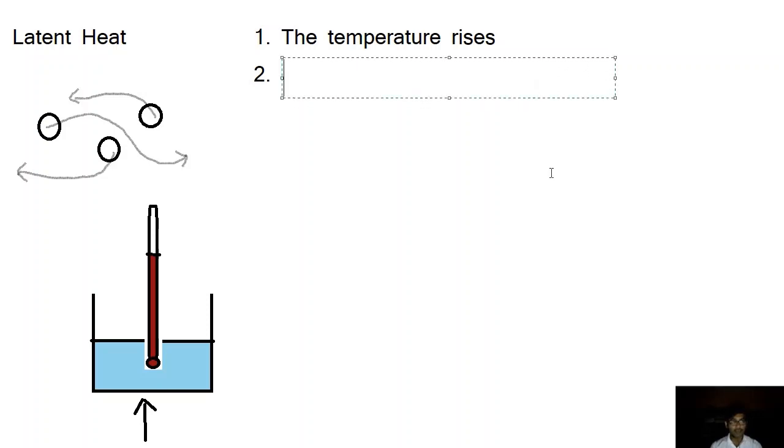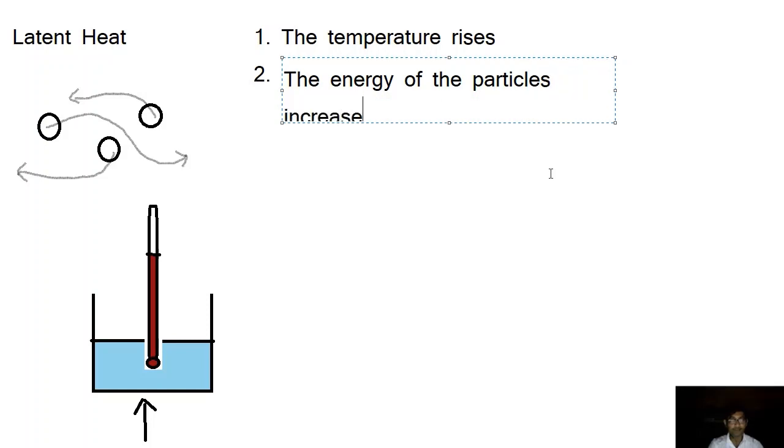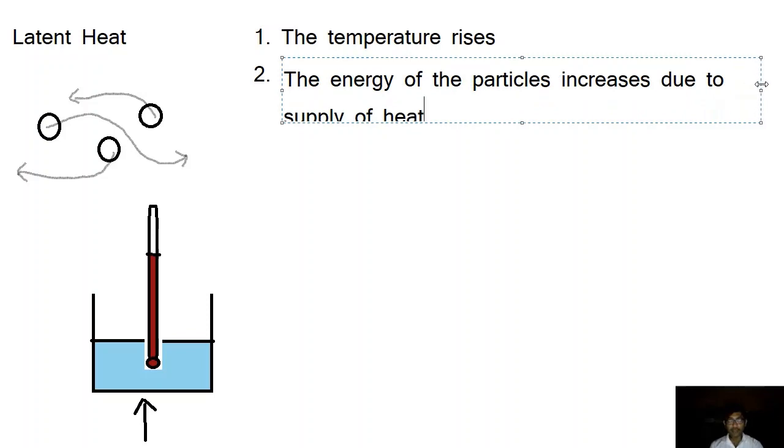It rises because the energy of the particles increases due to supply of heat. So the energy of the particles increases due to supply of heat, and hence the temperature rises.